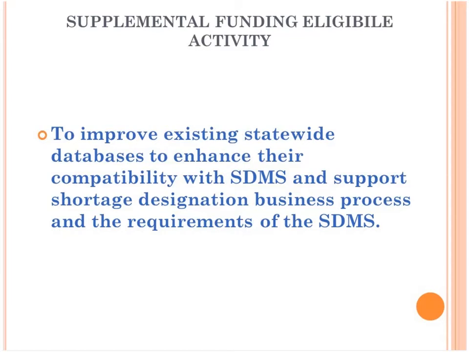So while we could match on NPI numbers from Medicaid to SDMS, we still had to do license numbers individually and manually, and that was just as much a daunting challenge as doing the Medicaid individually.